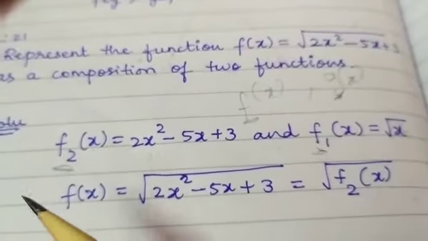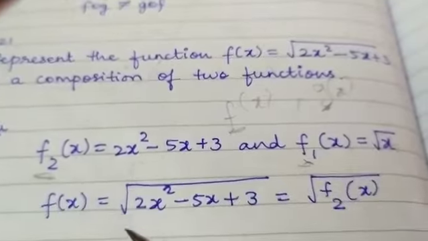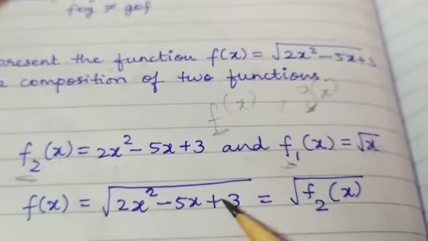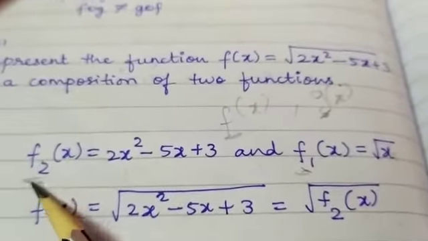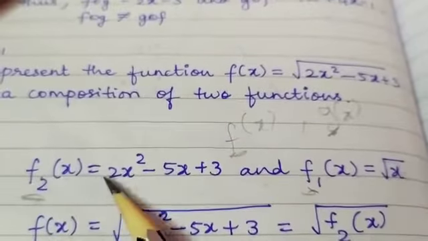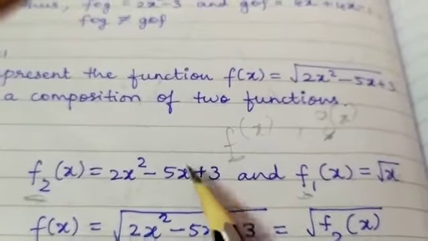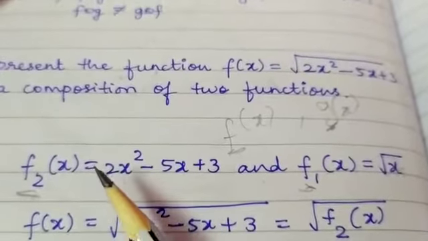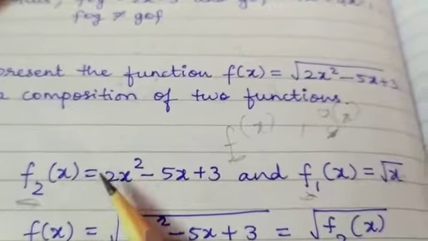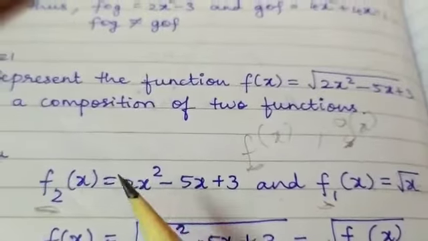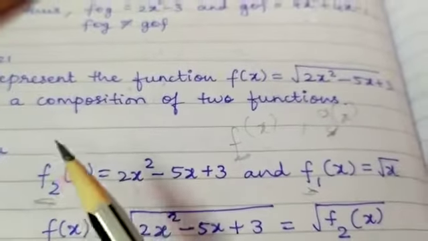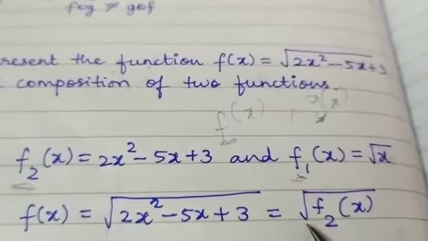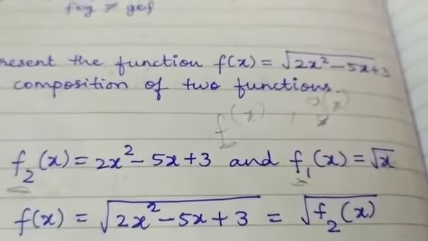Already we have been given f of x equal to root of 2x square minus 5x plus 3. Now we wrote here that f2 of x equal to 2x square minus 5x plus 3, but here we don't have root. So when I convert this whole thing into root, that is equal to root of f2 of x.